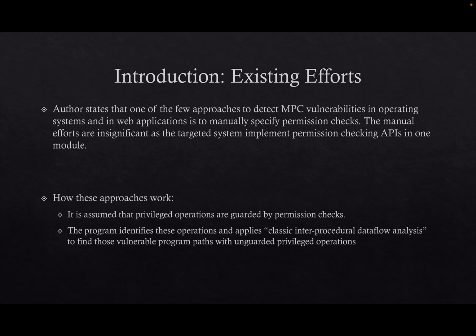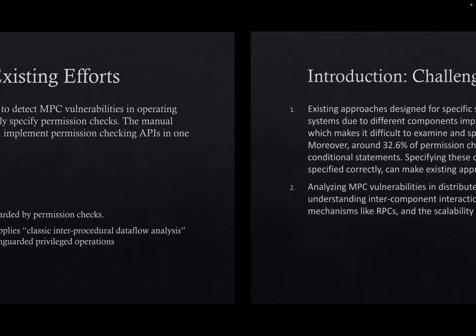Inter-procedural data flow analysis is then applied to identify vulnerable program paths with unguarded privileged operations. While these approaches work well for privileged functions that are partially protected, they may not be directly applicable to distributed systems due to the challenges posed by the separation of permission checks and privileged operations across different components.